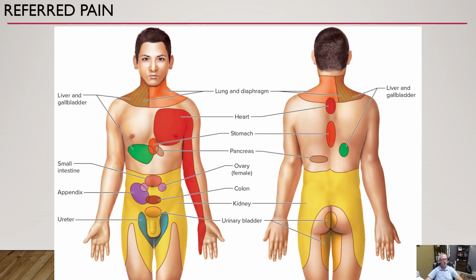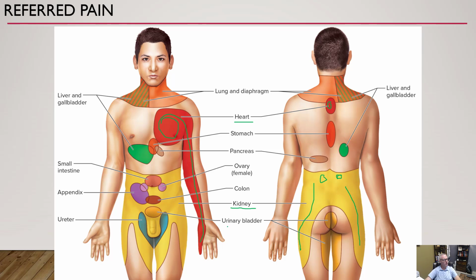So if we look at what's going on inside the body, if you're having heart pain, you might feel that heart pain going all the way down your arm, elephant sitting on your chest. You might have some pain in your back, just because that's how the nerves kind of link up in the central nervous system. If you're having kidney pain, your kidneys actually sit about right here in your back. But look at where you can feel your kidney pain.